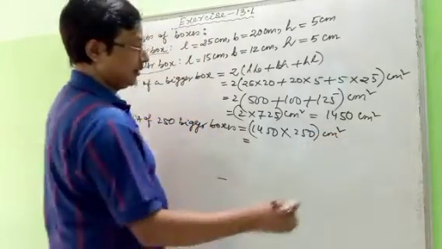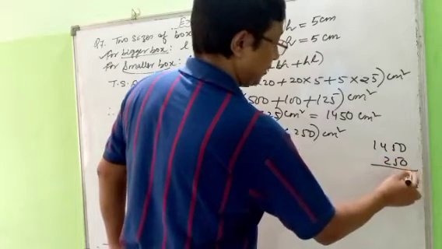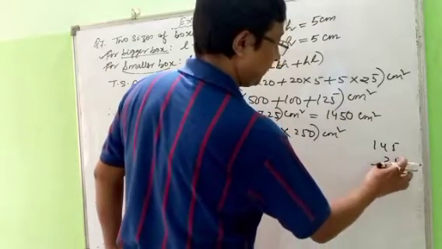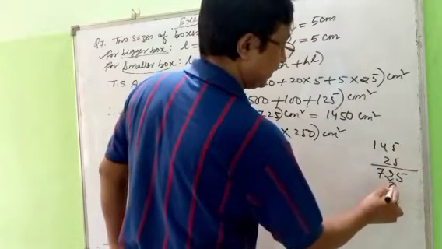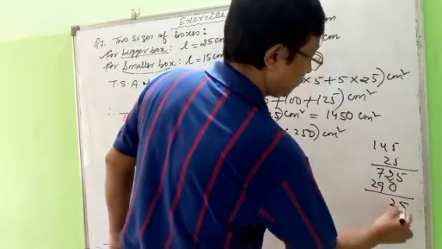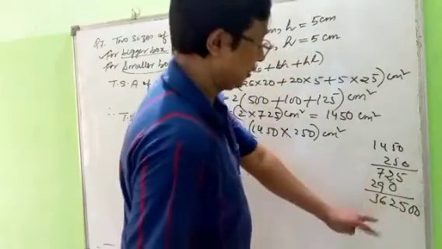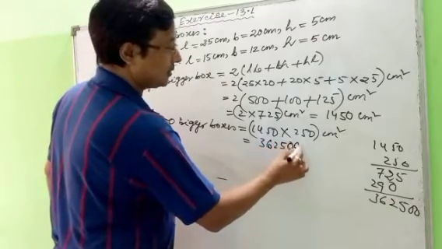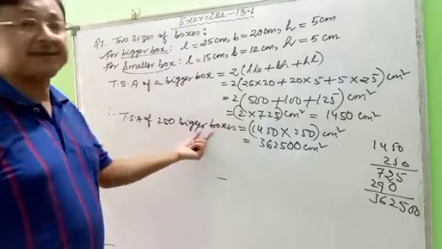Here the zeros, let's cancel them. 5 into 5 is 25, 5 into 4 is 20, 25, so it will be 7, then 10, 9, then 2. So it will be 5, 2, 6, 3, and then 2 zeros were there. So 3625, so it is 362500 centimeter square.